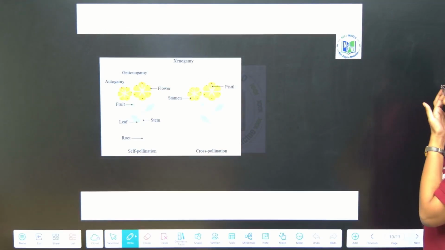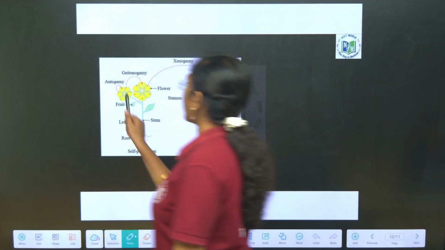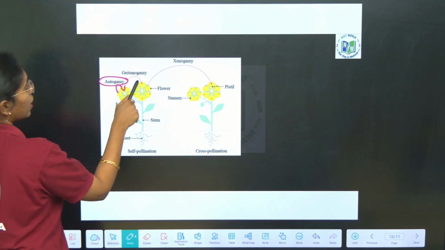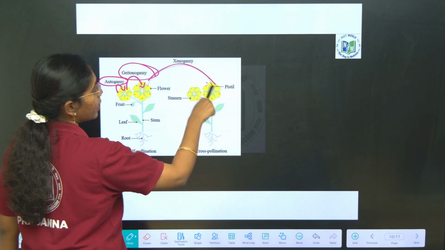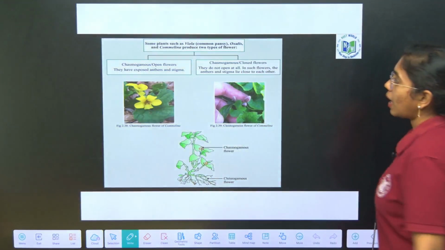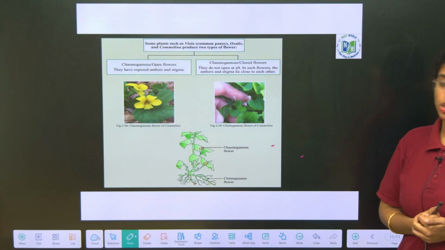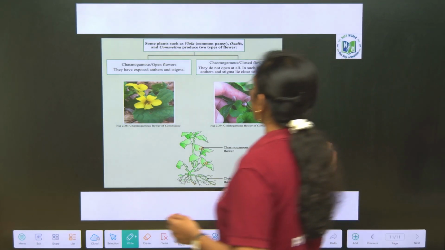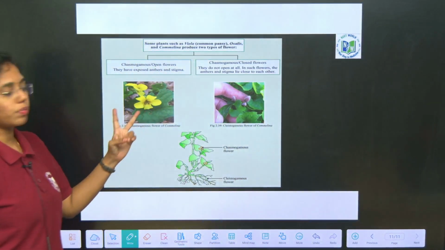Here we go, okay. Self-pollination and cross-pollination I already told you. Autogamy, in the same flower. Geitonogamy, different flowers of the same plant. Xenogamy, different flowers of different plants. Last slide you see, these are cleistogamous and chasmogamous flowers, wherein some plants like viola, common pansy, oxalis and commelina produce two types of flowers.